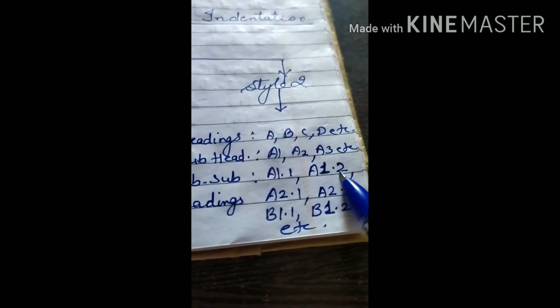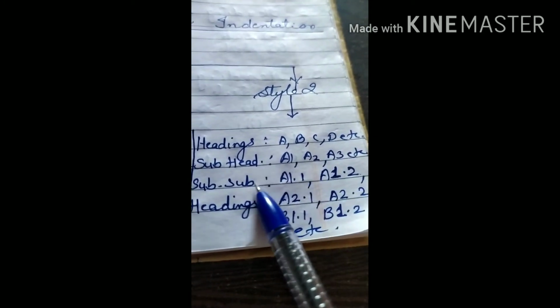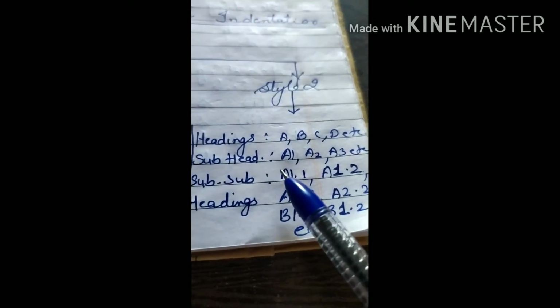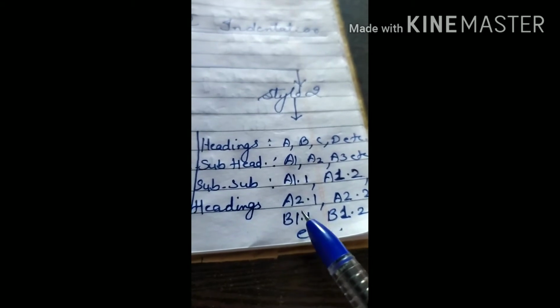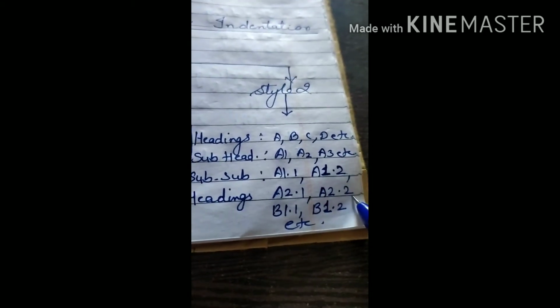Then A1.2 if more than one is there. Then if some more points are there under a subheading, you just write A2.1, A2.2, likewise.